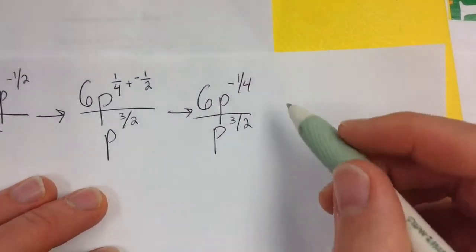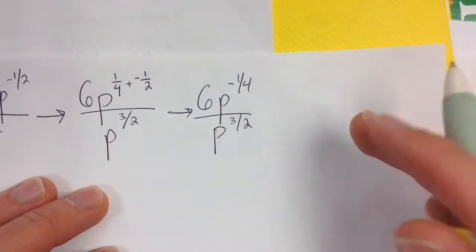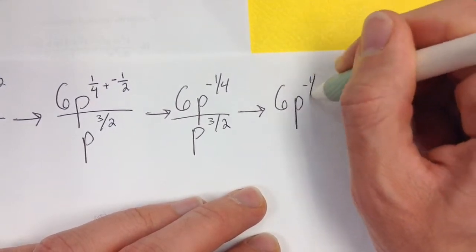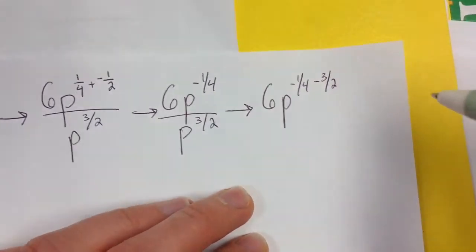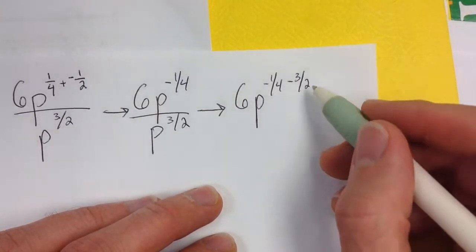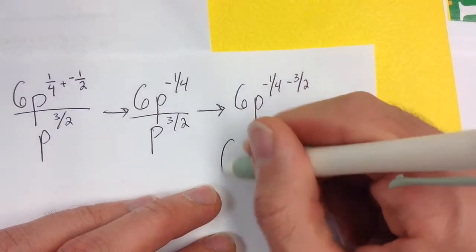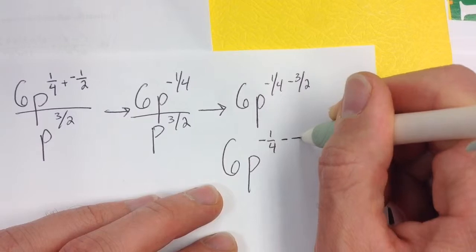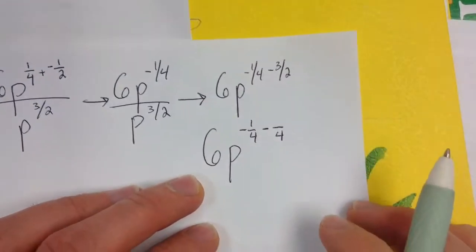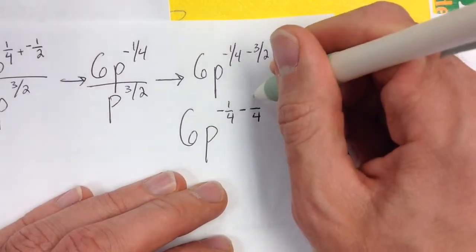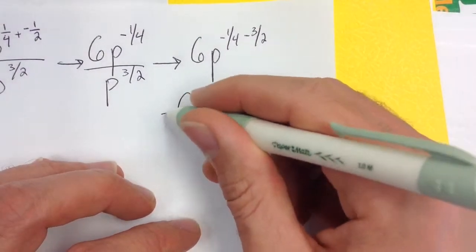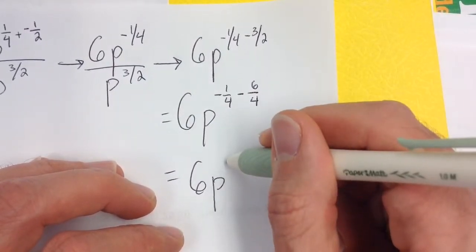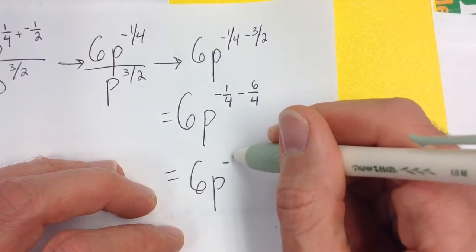Next question for you. What do you do with exponents when you are dividing the same base? You subtract. How many fourths is 3/2? Use your words. 6. -1/4 minus 6/4 is? -7/4.